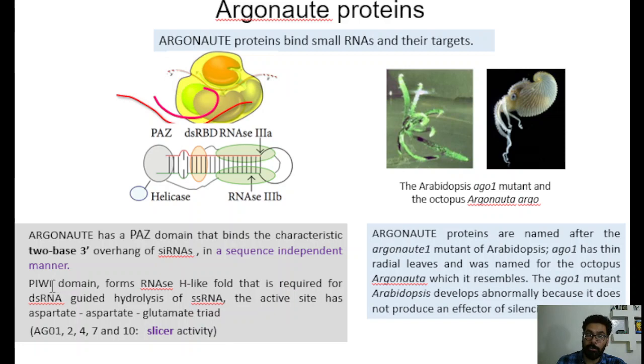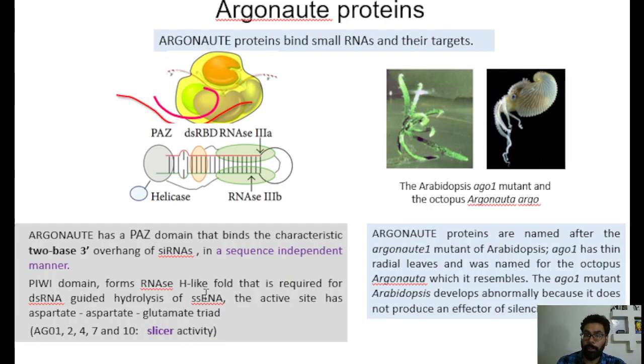Okay, it also has a PIWI domain which forms an RNase H-like fold, which is required for the guided hydrolysis of single-stranded RNA. This is very important. The question that can be asked: which domain is responsible for the guided degradation of single-stranded RNA?